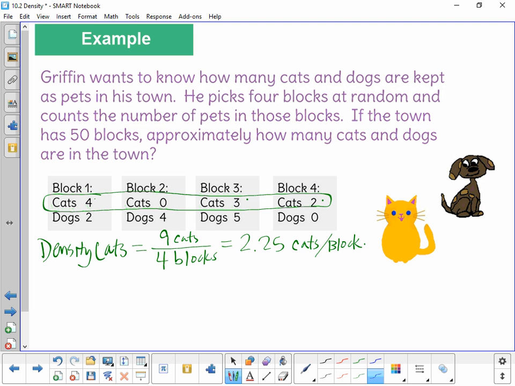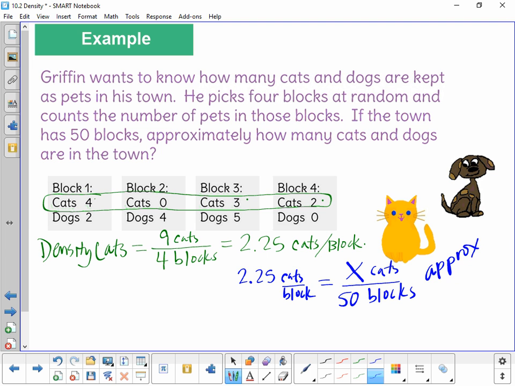I can calculate about how many cats I think there are in the whole city. 2.25 cats per block is X cats per 50 blocks. So to solve for X, you can just multiply those 50 blocks by the density 2.25. So we would say that there are approximately 112 cats.